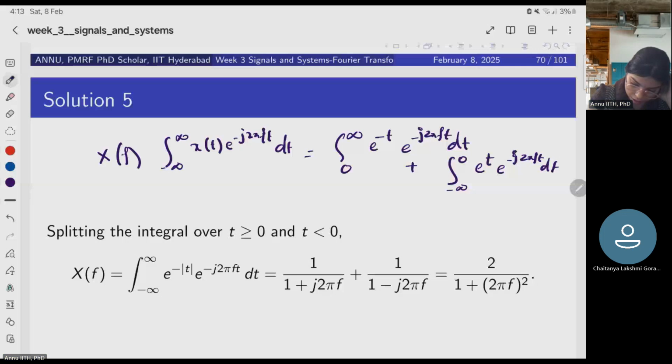So this is a e power minus a t dt, isn't it?